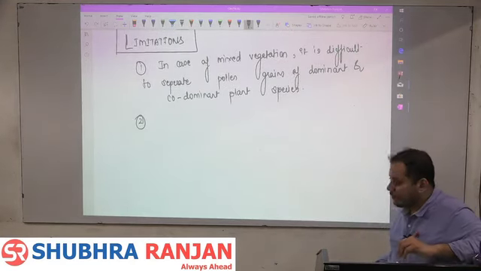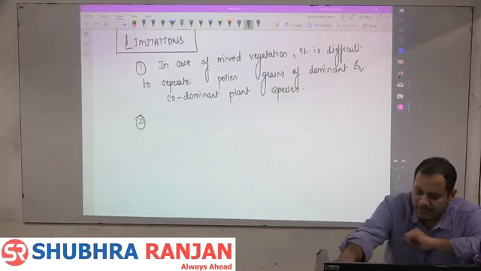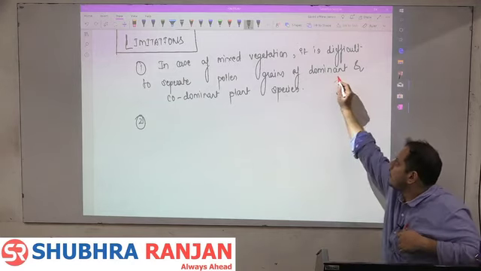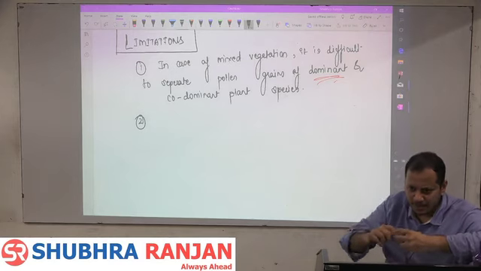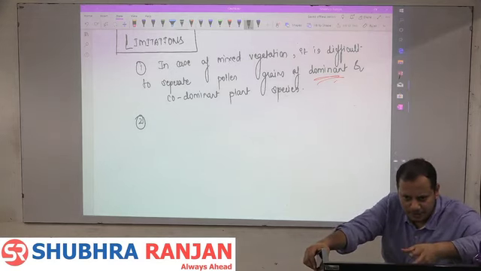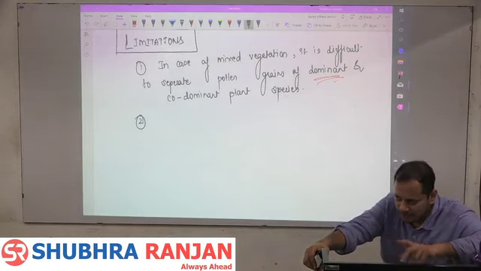What type of climate there is, is always determined on the basis of dominant species, which has the maximum aerial coverage, not on the basis of co-dominant species.